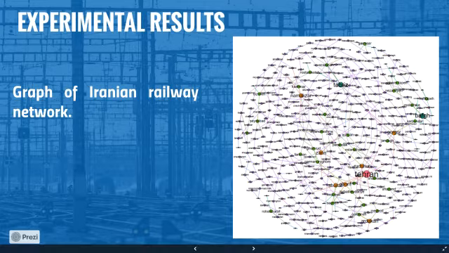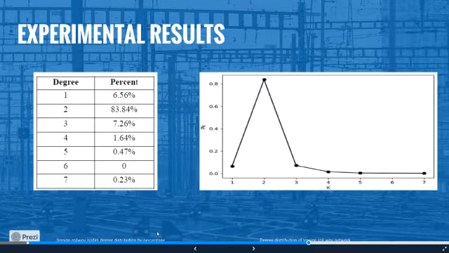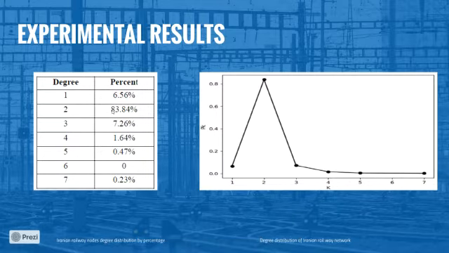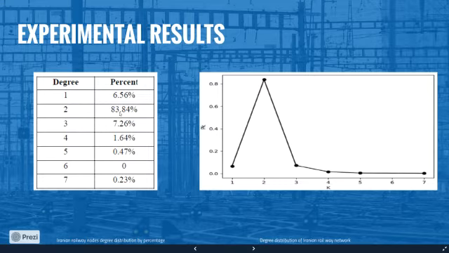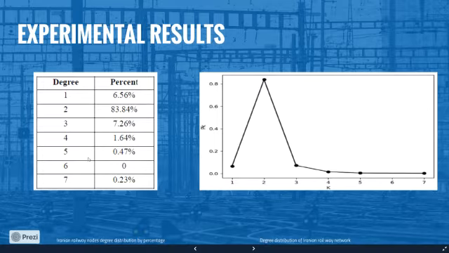Most stations, the majority of active stations in the country, have a degree of 2, and very few of the stations have a degree higher than 2. Only Tehran Central Station has a degree of 7, and Tabriz and Bab Station have a degree of 5.